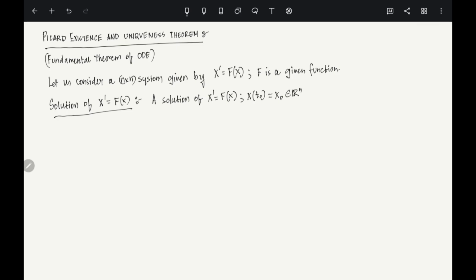A solution of this system is a continuously differentiable function. You don't need continuous differentiability, but for all purposes we will be using it.